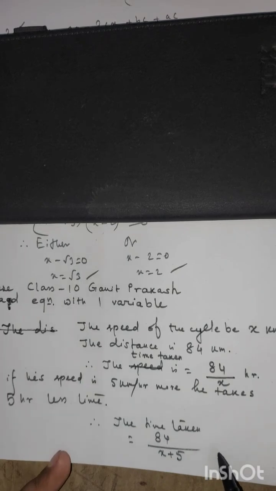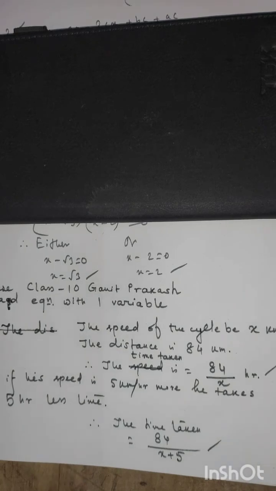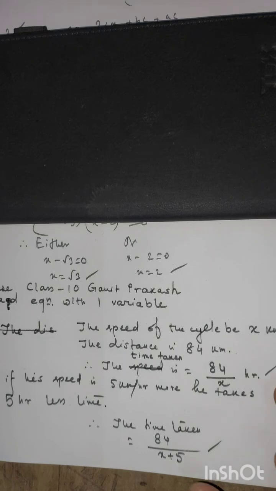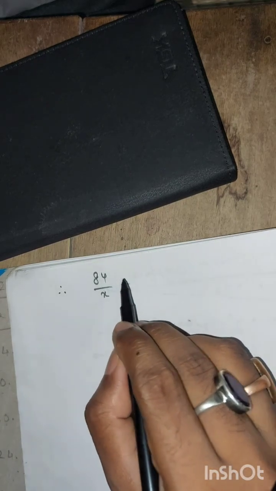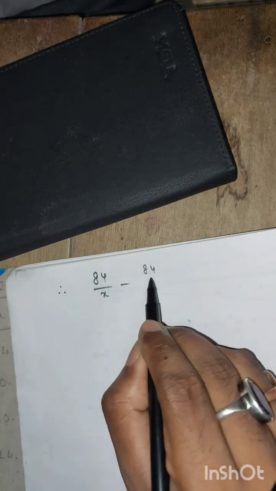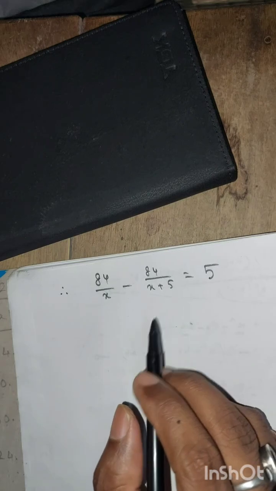So this is the time taken after increasing the speed, and this is the time taken with the actual speed, and the difference between these two times is 5 hours. So therefore we can write the difference between these two times is 5 hours. So now we have to solve this equation for x.